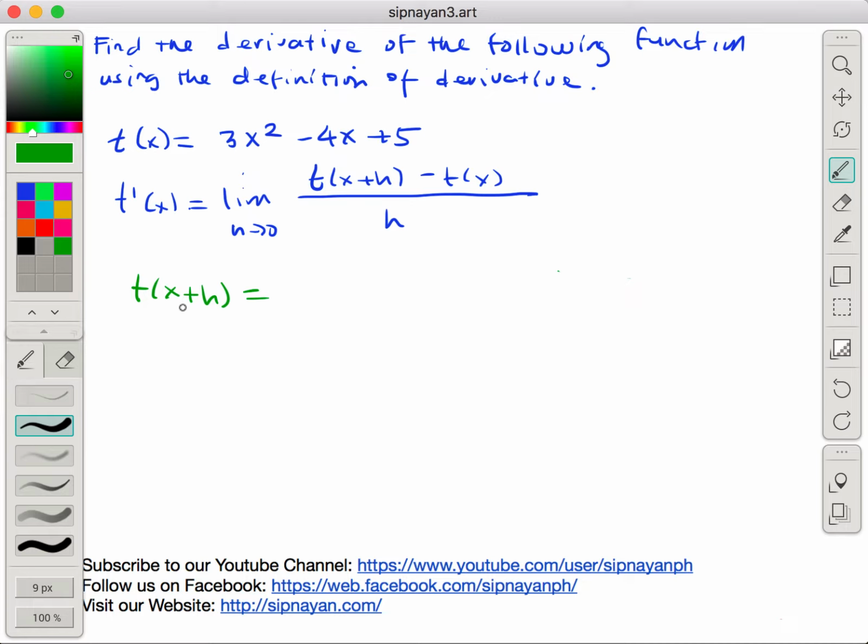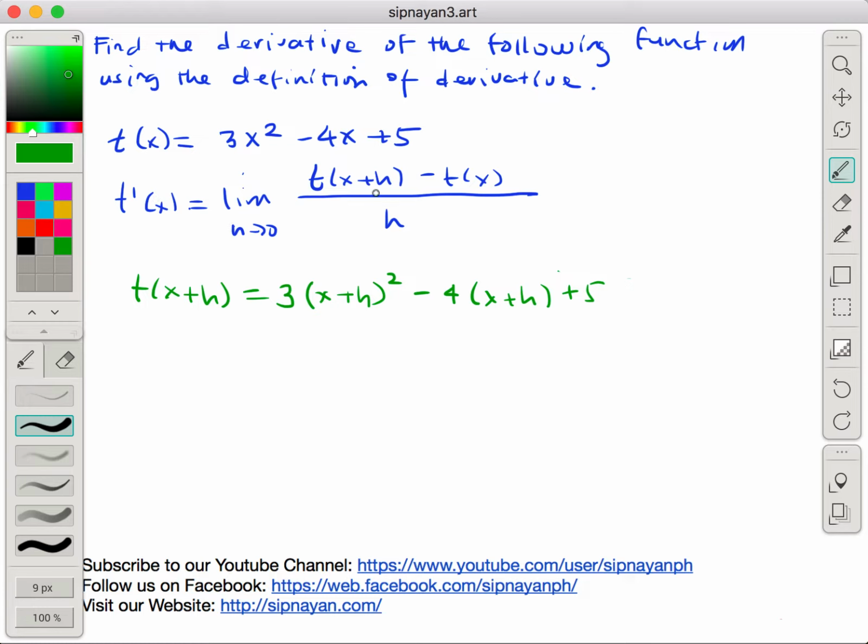So, dito, ang nasa loob ay x plus h, ibig sabihin lahat ng x dito, papalitan natin ng x plus h. So, this means that meron tayong 3, yung x papalitan natin ng x plus h, and then meron tayong squared, and then minus 4, yung x papalitan natin ng x plus h, and then we have a plus 5. Okay.